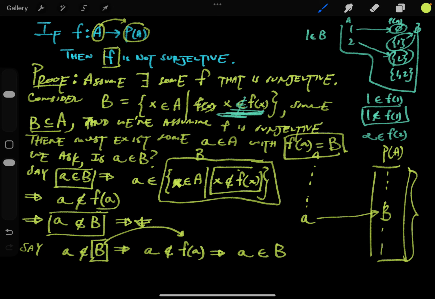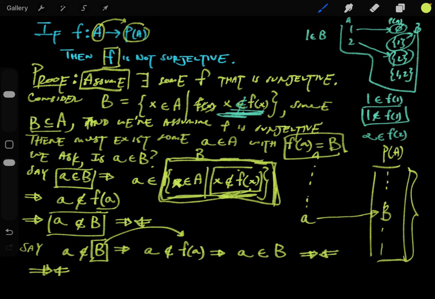And then that would mean that a is contained inside B, because that's the definition of what B is from here. And then this is a contradiction again. Those are the only two places where a could be, and the whole thing is now in contradiction.